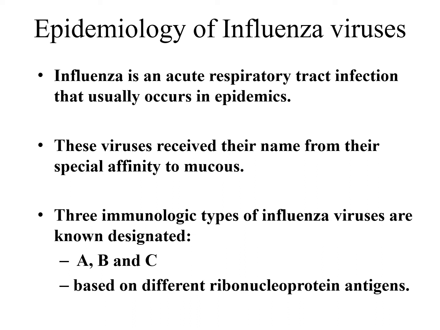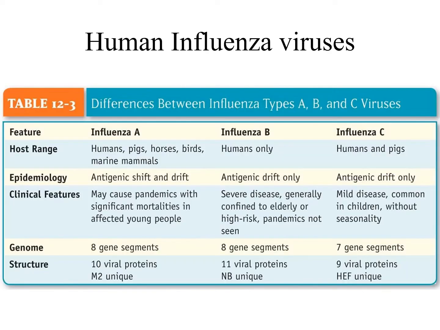These viruses receive their name from their special affinity to mucus, so they infect mostly the oropharynx and start replicating there. We have three types of influenza viruses, A, B, and C, and there are certain differences based on the ribonucleoprotein antigens, as we're going to see in a moment.